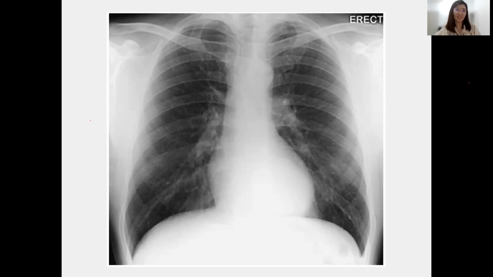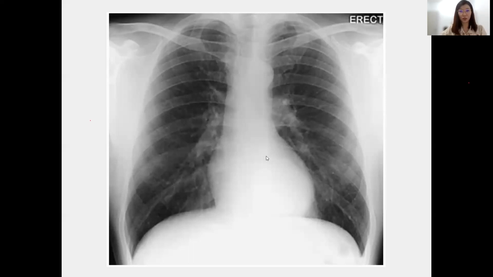Hyperinflated is normal, no. Air bronchogram on the left? We should have air bronchogram normally, but it's not within an opacity. Okay, so slight bulkiness of the hilum here, correct?